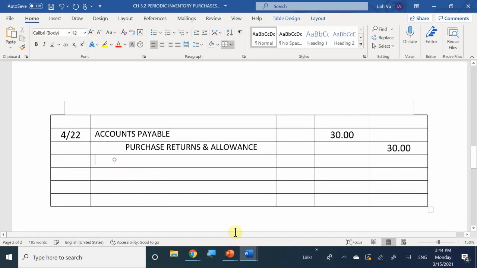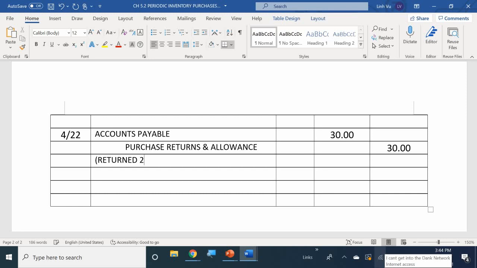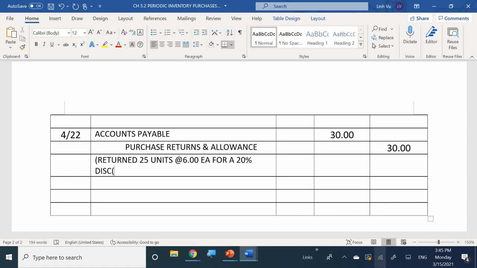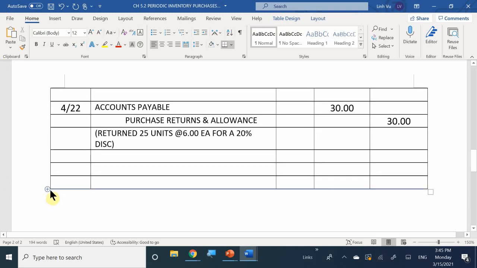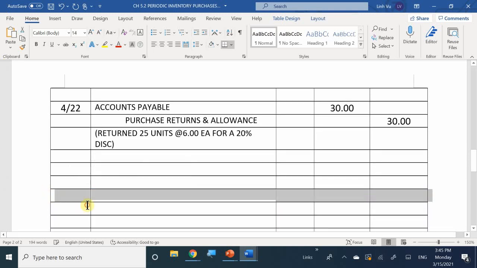And here I'm also going to indicate that I returned 25 units at $6 each for a 20% discount. Okay? Discount. All right. Good. I think we have a couple more.